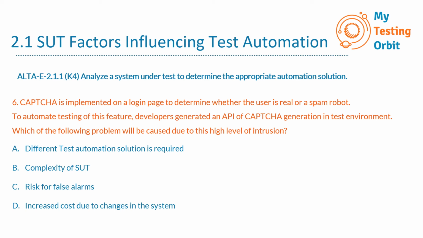If there is any issue which is reported during testing in test environment, we will not be sure whether that error is because of the functionality which is being developed for that system, or is it because of the high level of intrusion, like the high number of changes which we did in order to automate that feature. So it might be a false alarm because it might not be an issue in production. So C will be the correct option.